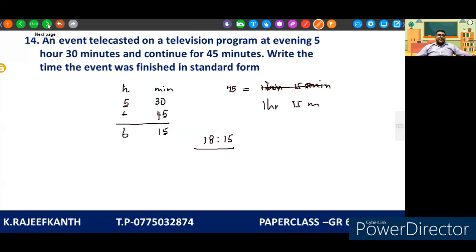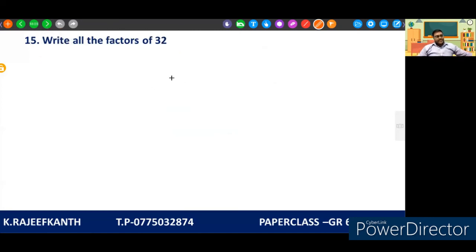Then question number 15. Write all the factors of 32. In the last paper class also we have discussed the factors. So by which numbers we can divide this 32 without remainder.